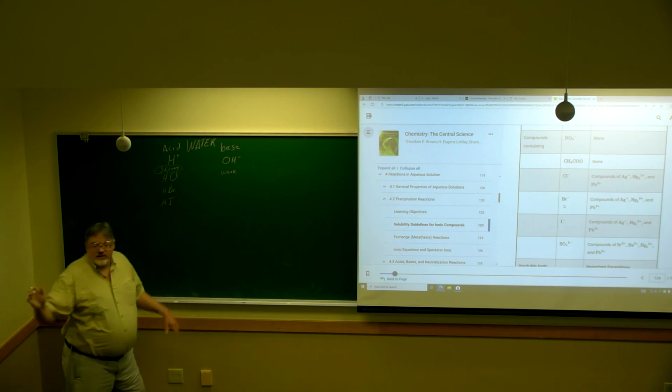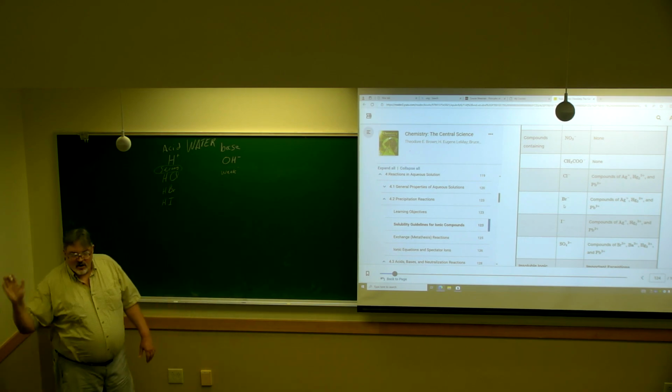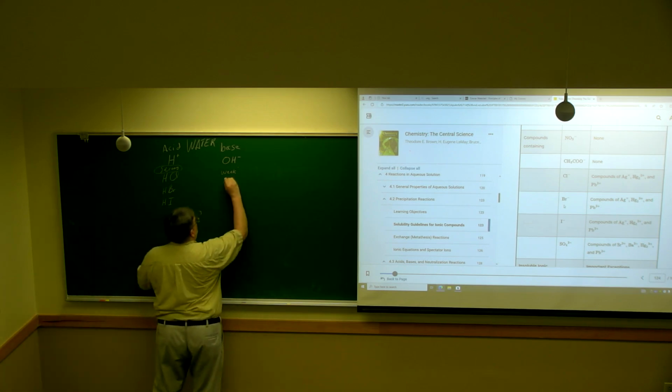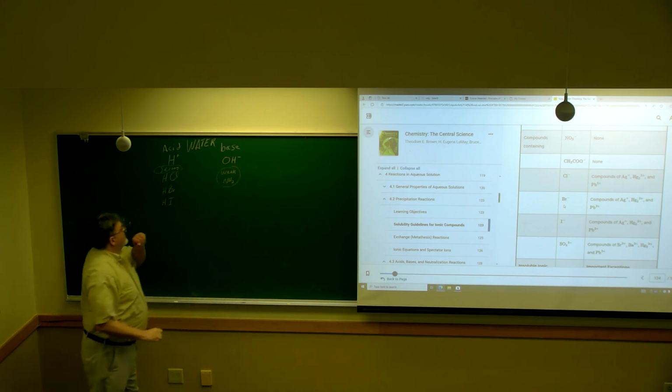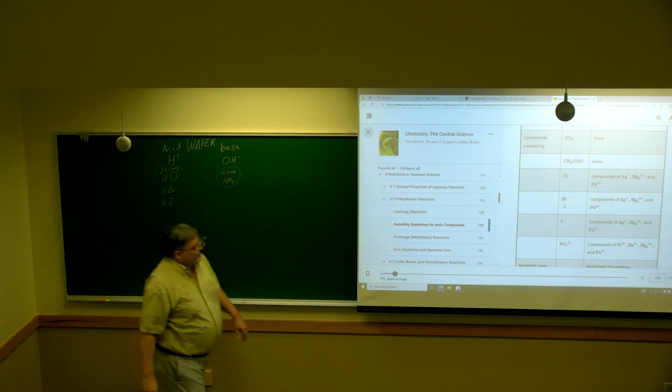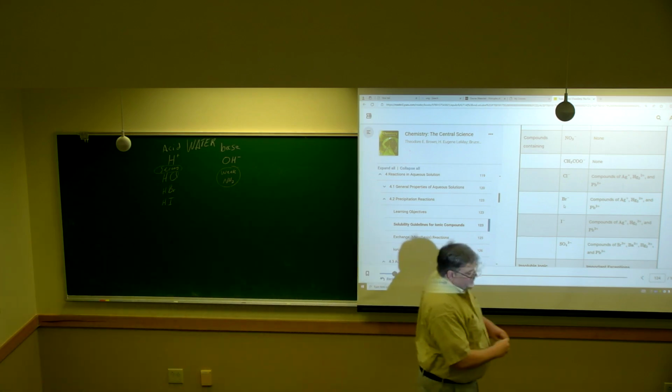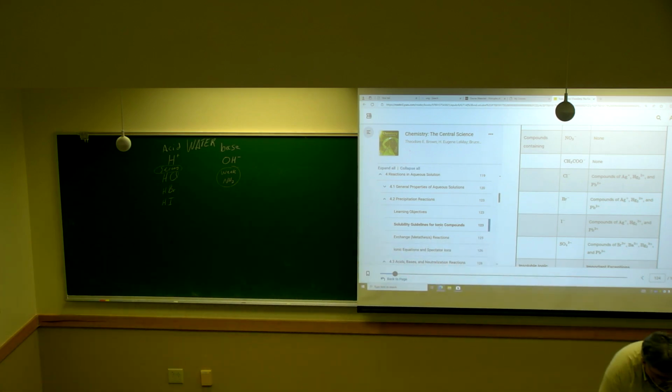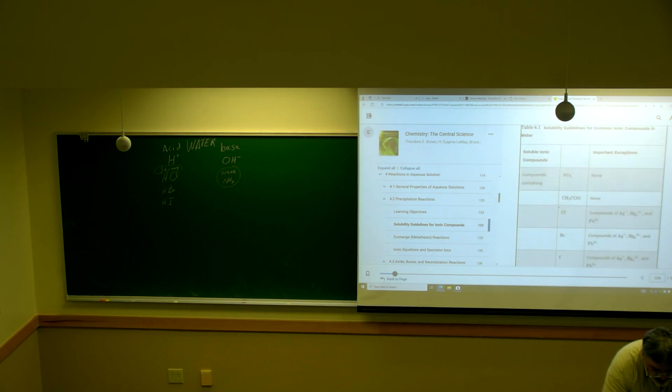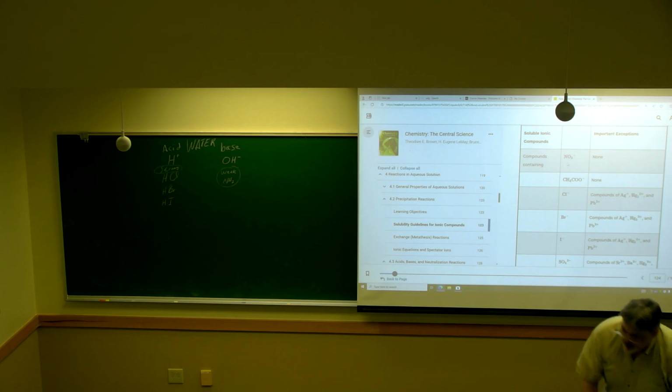I'm going to put back over here. So all of those first and second columns, OH, are all strong bases. I mentioned NH3 is a weak base, and I'll come back to it. So strong acids, another strong acid. So I'm back here still on the solubility. NO3.